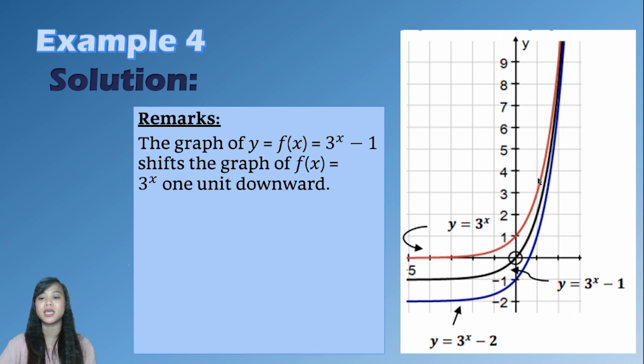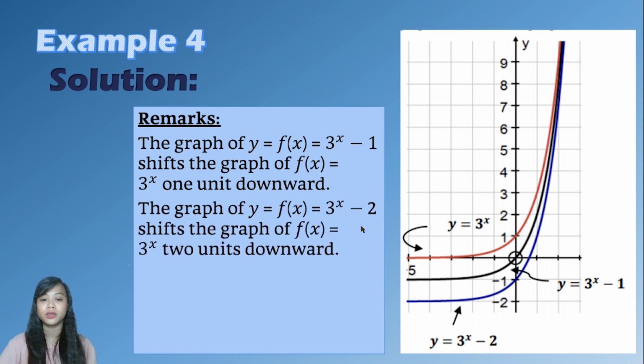So it becomes this black curve. Meaning this minus 1 shifted your graph 1 unit downward, because it's negative 1. And for the blue curve, y equals f of x equals 3 raised to x minus 2, it shifted the original graph, the red curve, 2 units downward. So 1, 2. It becomes like that.